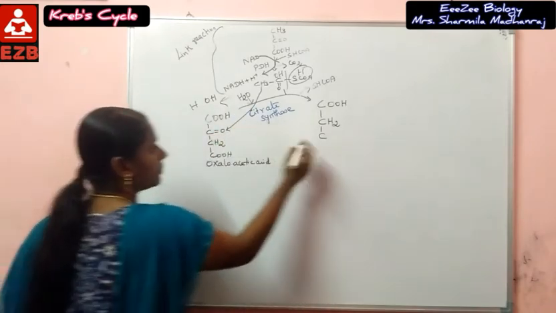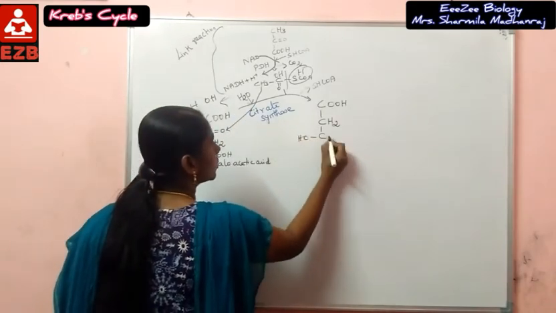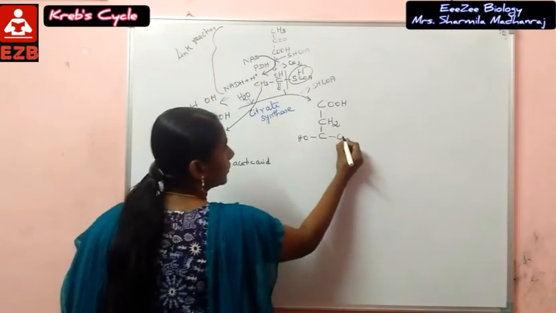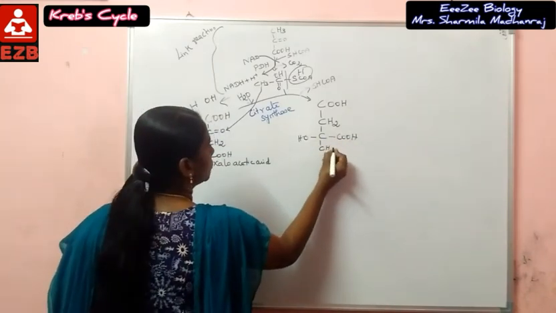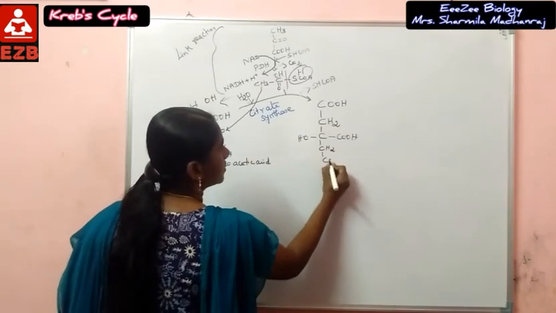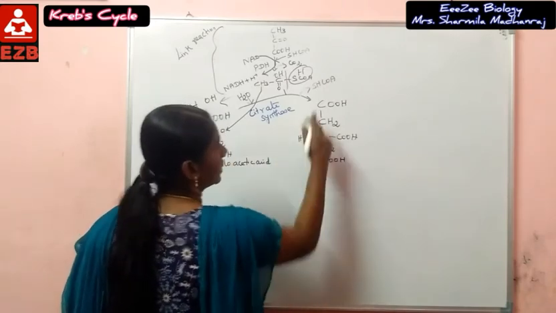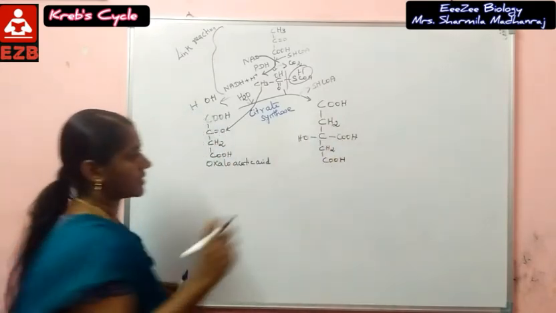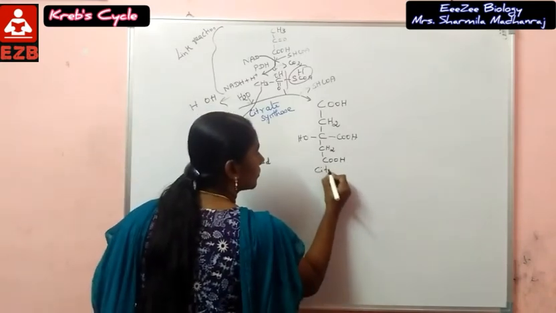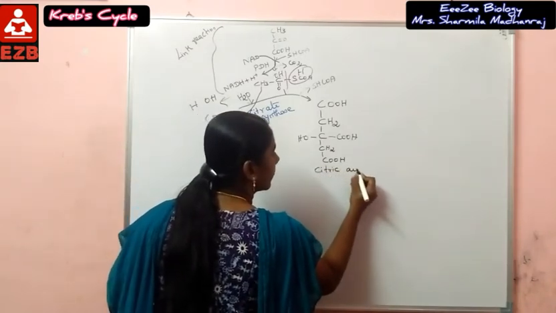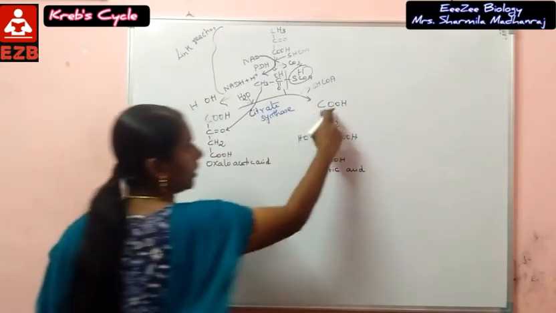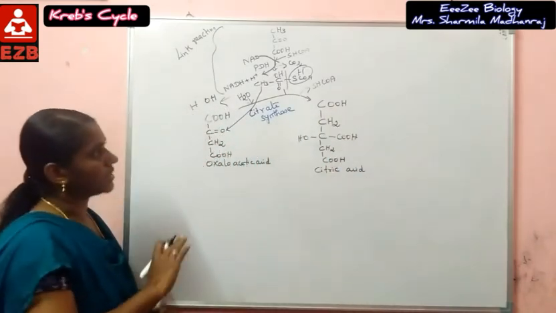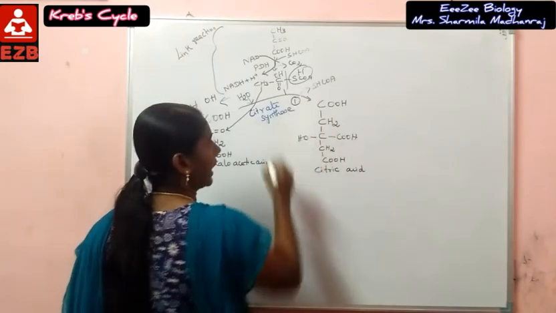So COOH, CH2, COOH. This is citric acid. This citric acid contains 3 carboxylic groups. This is the first step reaction.